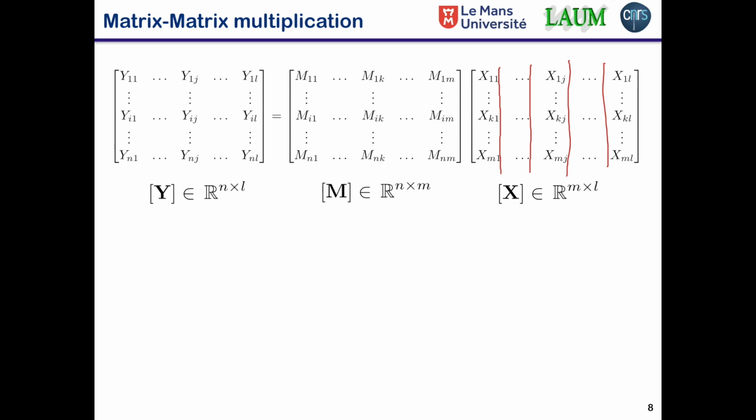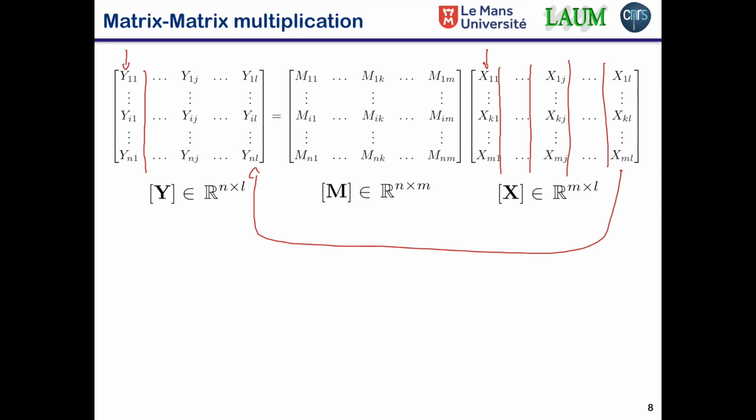Here we see the first column, and here we have the first column of the output matrix, and based on that we can multiply and have correspondence between all the columns. So this is the generalization of matrix vector multiplication to matrix-matrix multiplication.